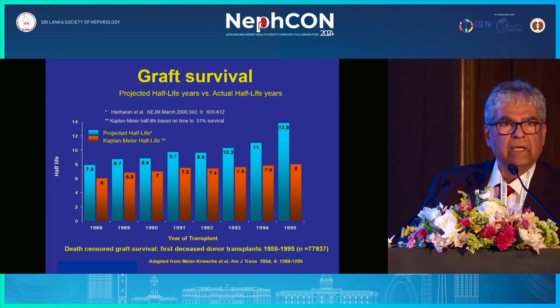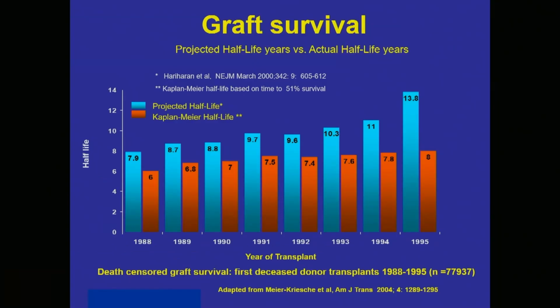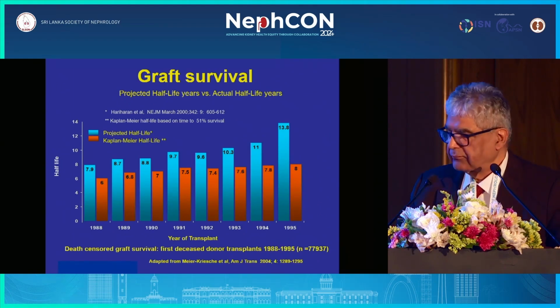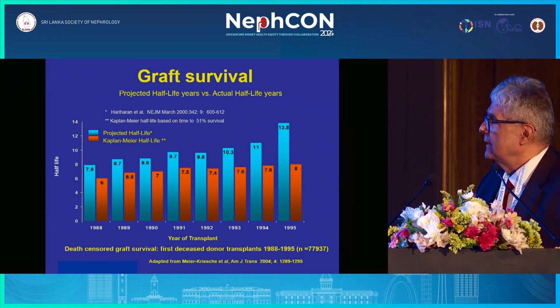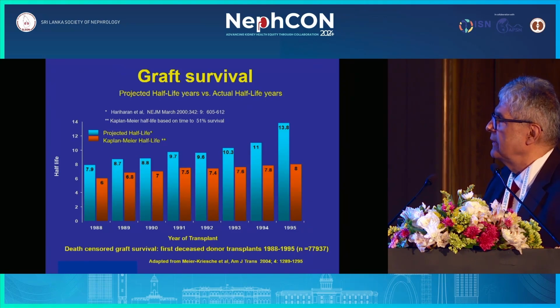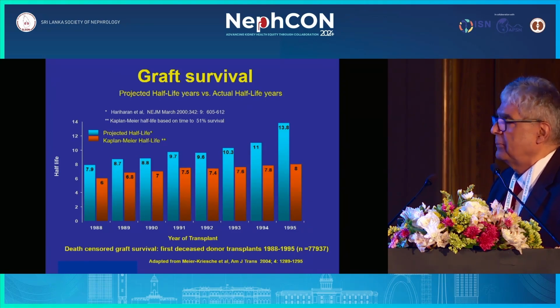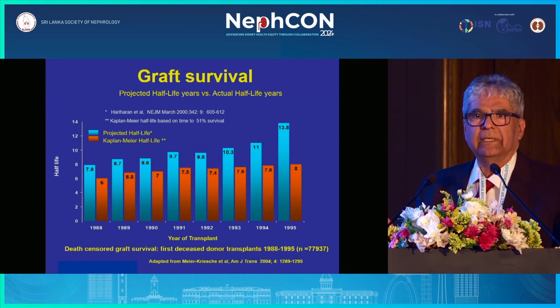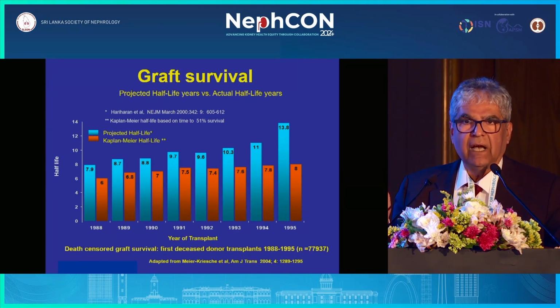This is our statistical colleagues who are still very active. They design the study, they do the statistical analysis. They were telling us way back that the graft survival in 1988, they were predicting that it will be 7.9. It will go to 8.7 the subsequent year. This is the data by the statistical estimated survival. And this is half-life.